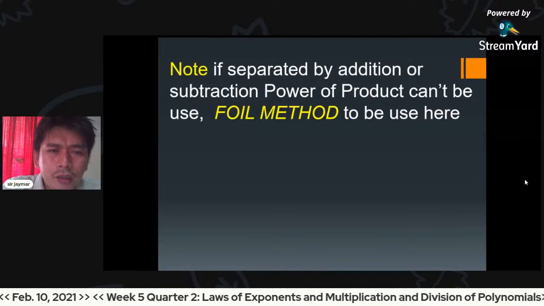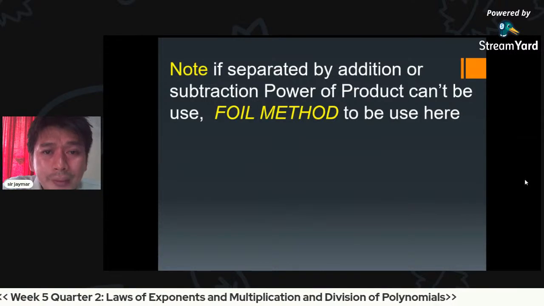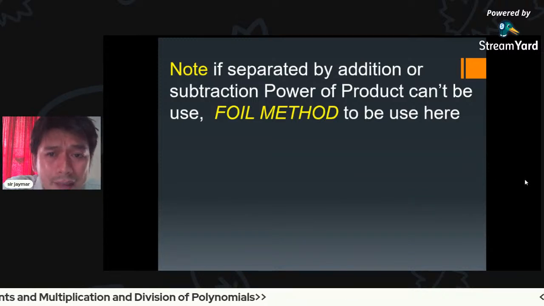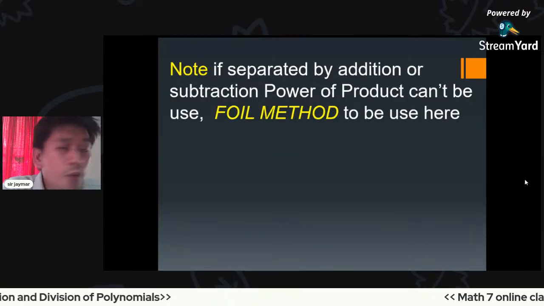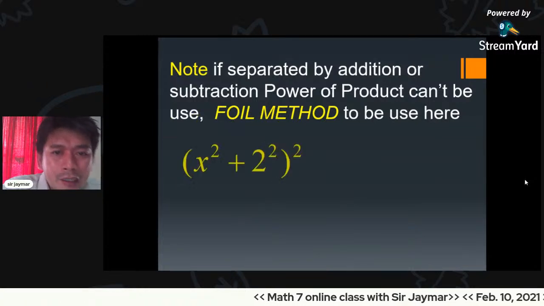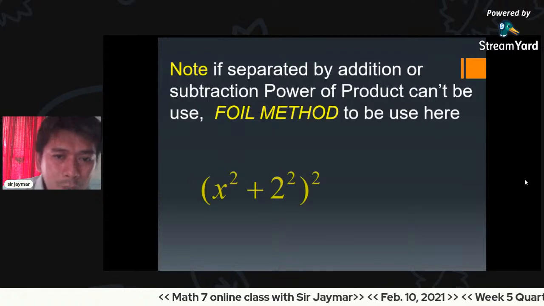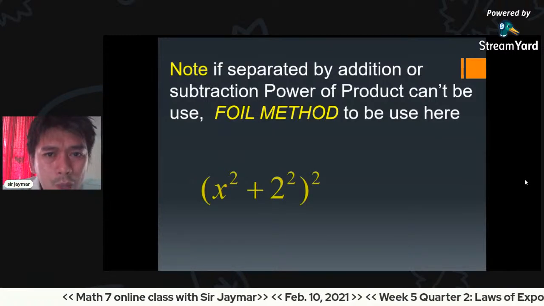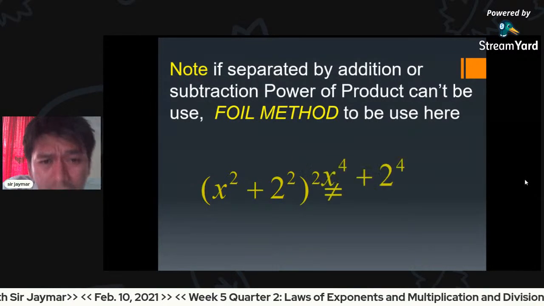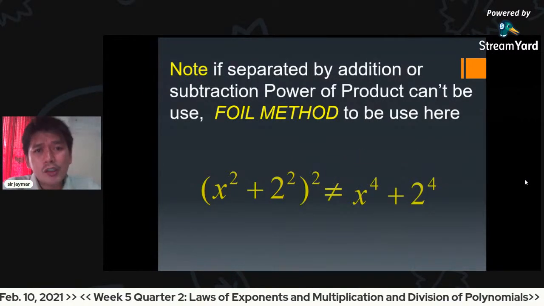So note, if the terms are separated by addition or subtraction, the power of a product cannot be used. You're going to use the FOIL method in here. Not all problems will use the power of a product, but you are going to use the FOIL method if it is separated by addition or subtraction.